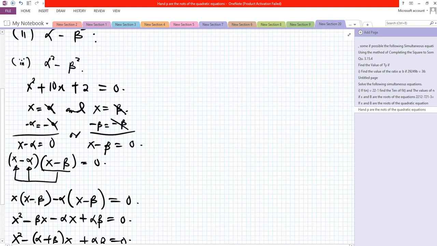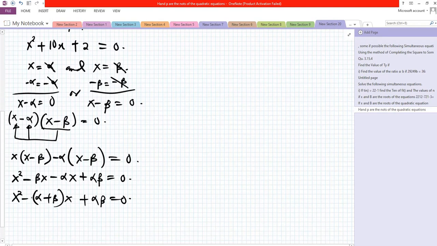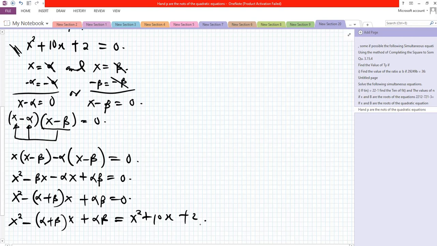Since alpha and beta are the roots of this equation, that means x squared minus (alpha plus beta) times x plus alpha beta is equal to x squared plus 10x plus 2.